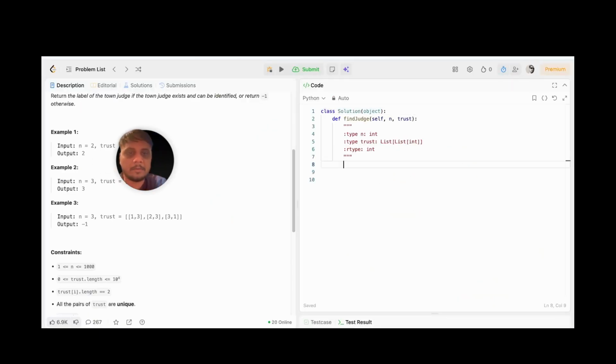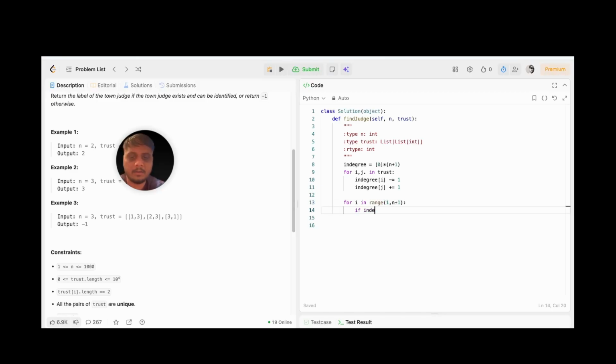So let's jump to the code implementation part. So we have this indegree. So let's prepare an array. Let's call it indegree. Cool. And that's for i comma j in trust, indegree i, indegree j, for i in range 1 to n plus 1.